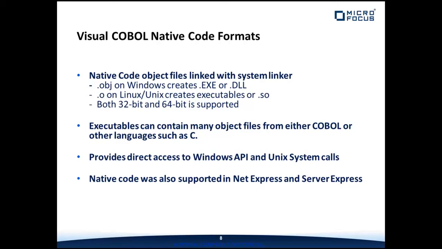A single native code executable file can contain many different object files compiled from COBOL sources or from other languages such as C, which produce the same object file format. Because these executables are in a standard format, they provide for direct access to Windows APIs or to Unix system calls.